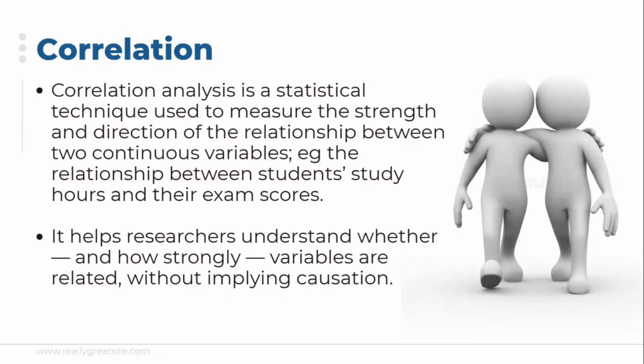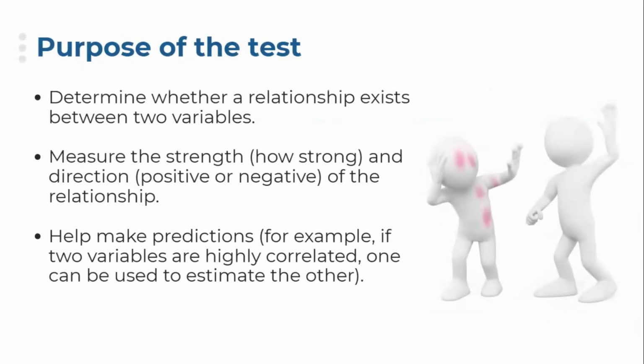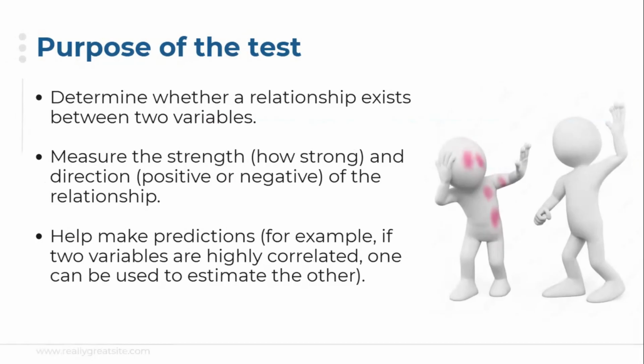And we are going to be putting it in a perspective of academic research, and we see how you can put it in your own research paper. Now, the purpose of the test is simple. One is to determine whether a relationship actually exists between the two variables, because it is very possible that there are two variables which are completely unrelated.